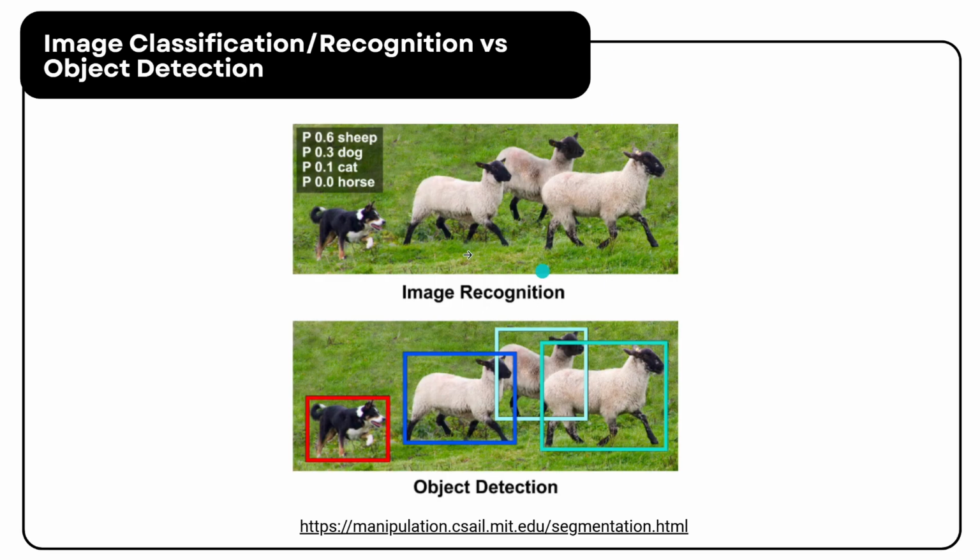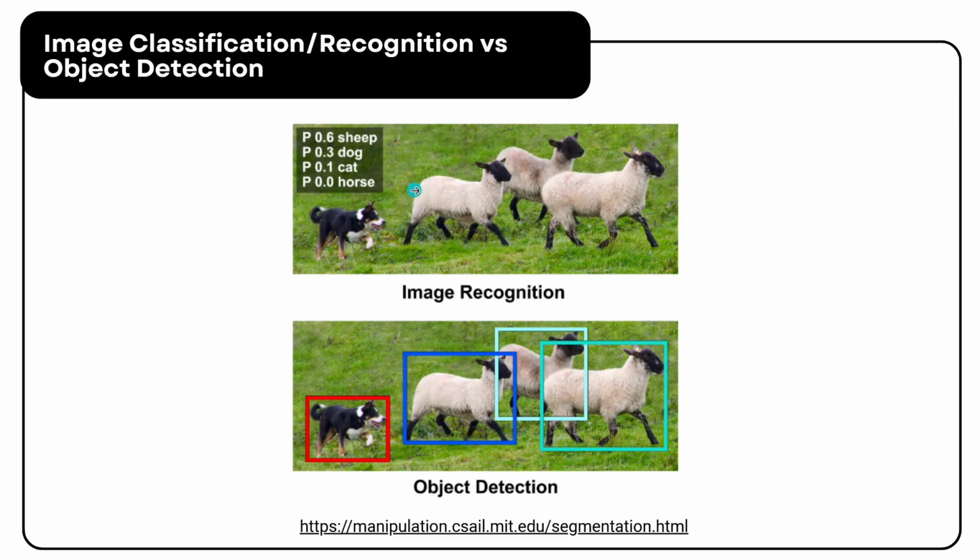In this task, the model simply predicts what's in the image as a whole. Here it's saying there's a 60% chance it's a sheep and 30% a dog and so on. But notice it's only giving us a single label and doesn't tell us where in the image those objects are.